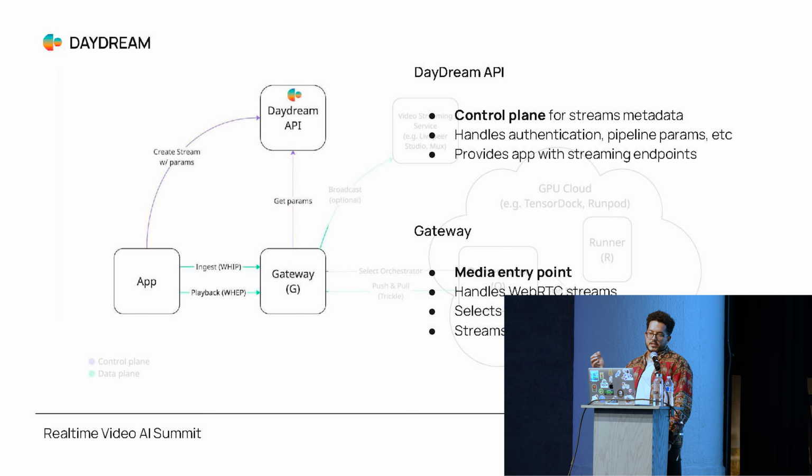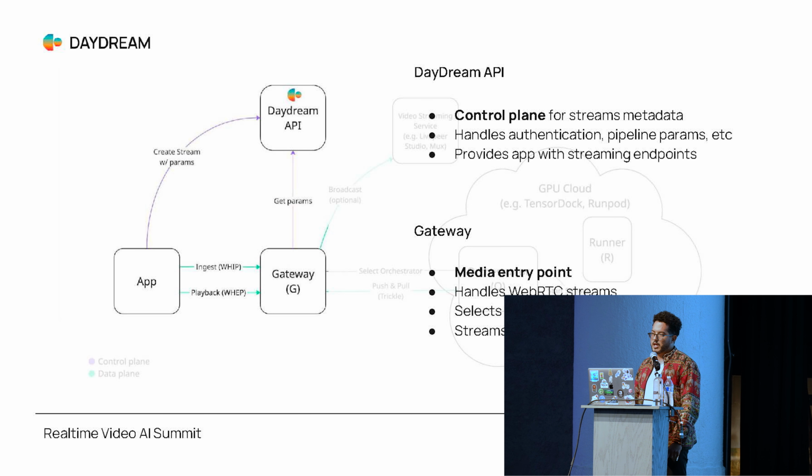It handles the parameters of the pipeline, and it returns to the app the endpoints that it should stream to once it creates a stream with certain pipelines. Then the user gets the endpoints from the Daydream API and streams their video to the gateway. The gateway is the one that actually handles the media, so it's kind of like the data plane, or the entry point for the media.